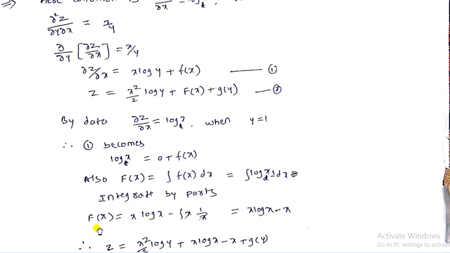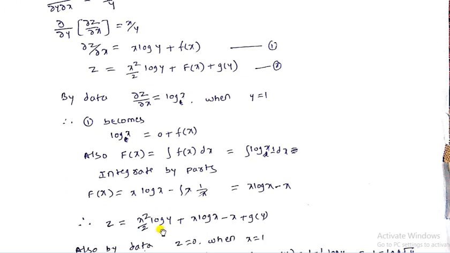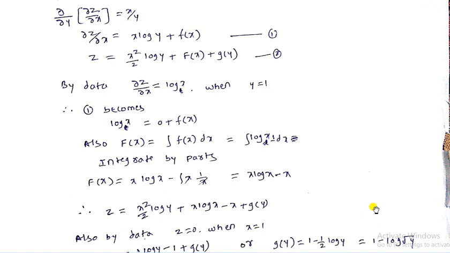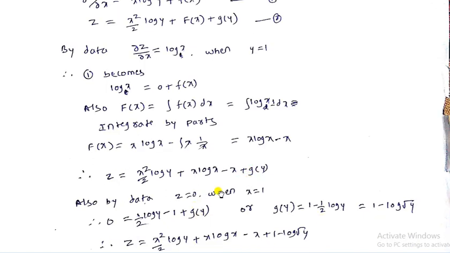Then use this F(x) in equation number 2. So equation 2 becomes z = x²/2 log y + x log x − x + g(y). Now we use the second condition, z = 0 and x = 1, in this equation.